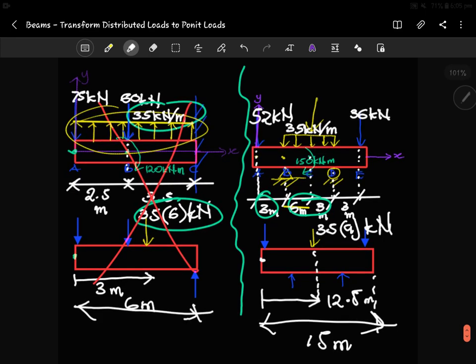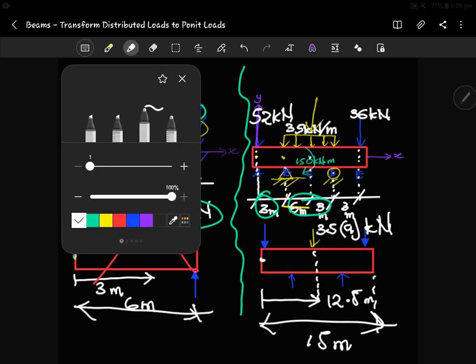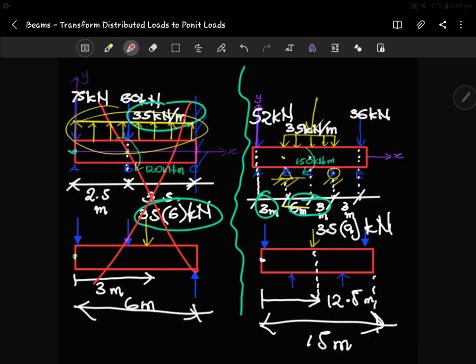So this is the way to transform a distributed load, to be specific in this case, a uniform distributed load, to a point load, right? So that's it for this one too. Alright.